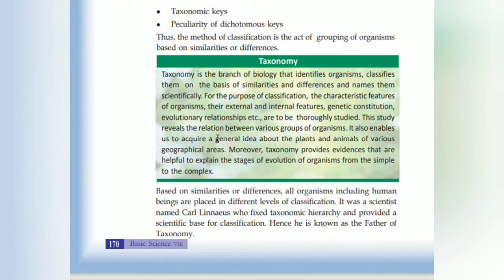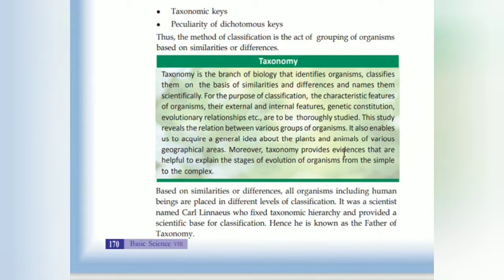This study reveals the relation between various groups of organisms. It also enables us to acquire a general idea about plants and animals, and in which geographical areas they survive.